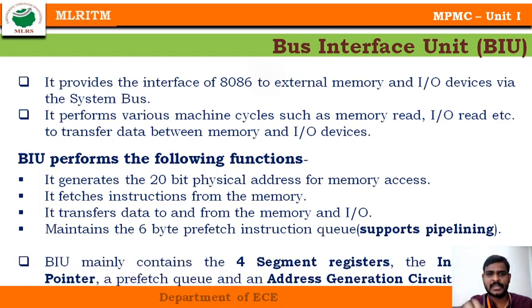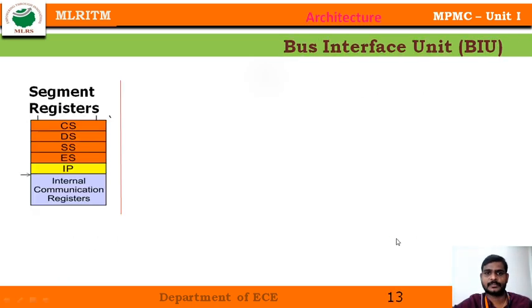And the main bus interface unit consists of segment registers, the instruction pointer, and an address generator circuit or address decoder circuit. Let's go in depth about these blocks.